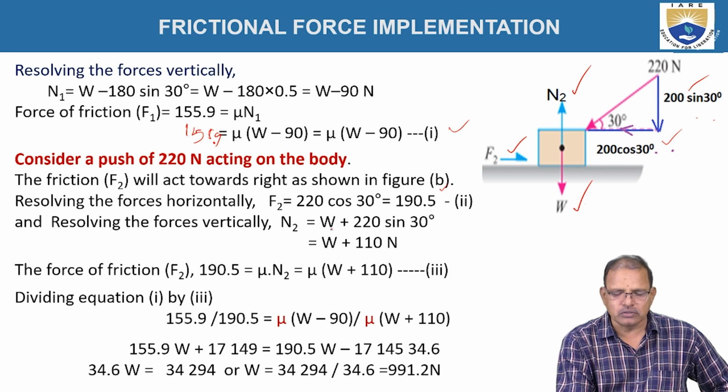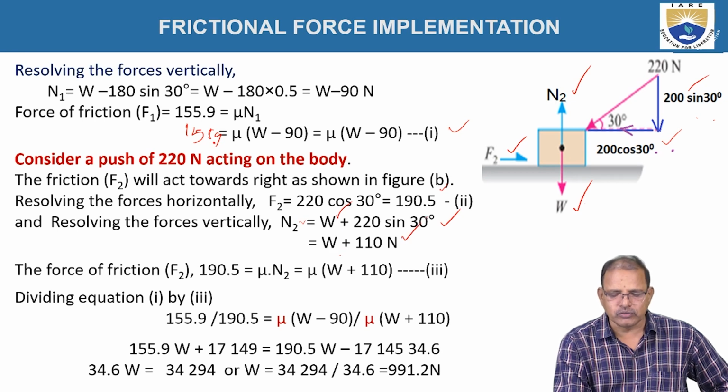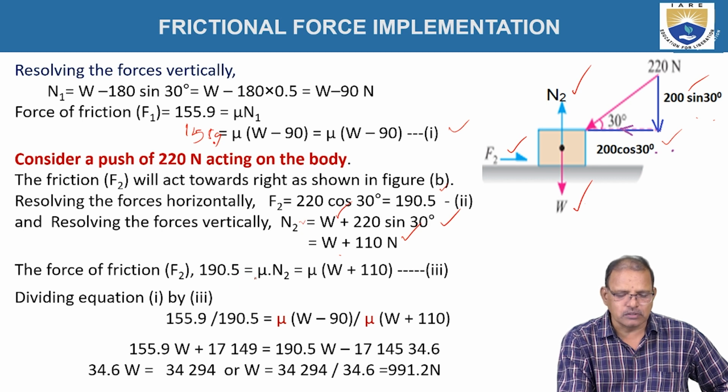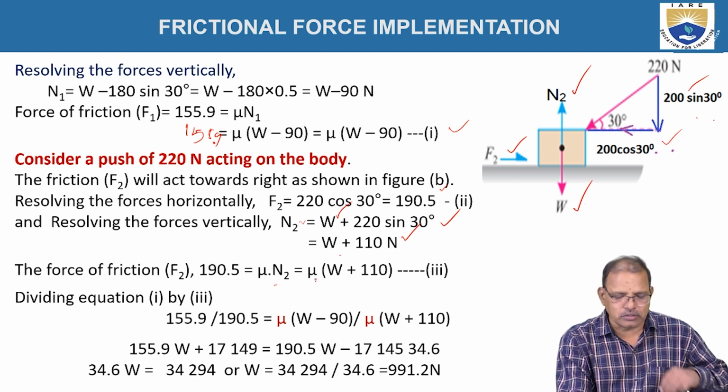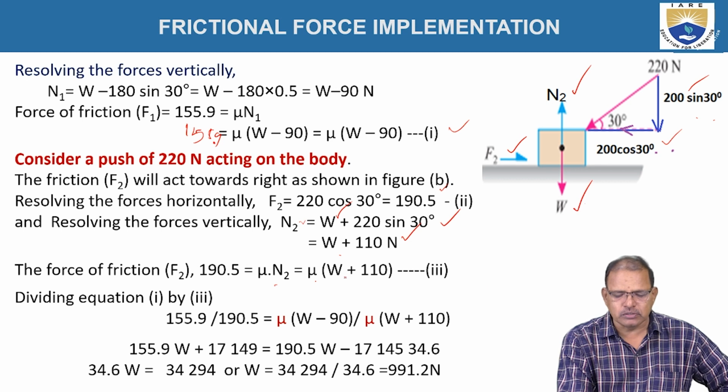Hence, N2 is equal to W plus 220 into sin 30, which is W plus 110 newtons. But F is equal to mu into N. Using these relations, 190.25 is equal to mu into N2, where N2 is W plus 110.